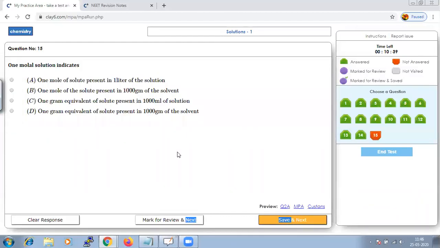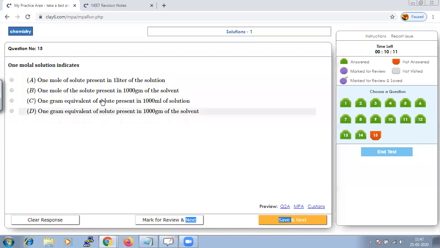1 molal solution indicates. This is a well-known definition. Molality is the number of gram moles of a substance per 1000 grams of the solvent.